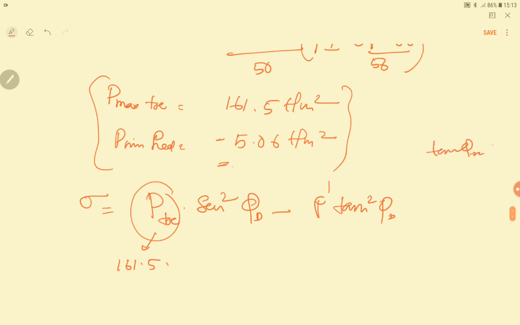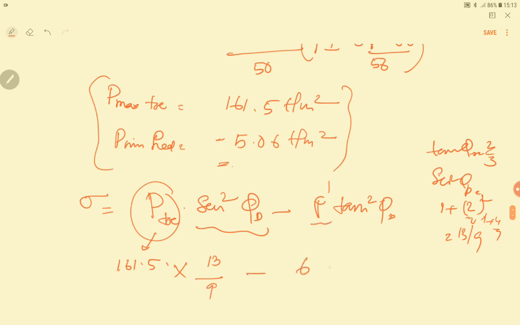Tan phi D is equal to 2 by 3, right? So from that you can find secant square phi D is equal to 1 plus 2 by 3 square, that is 1 plus 4 by 9, 13 by 9.